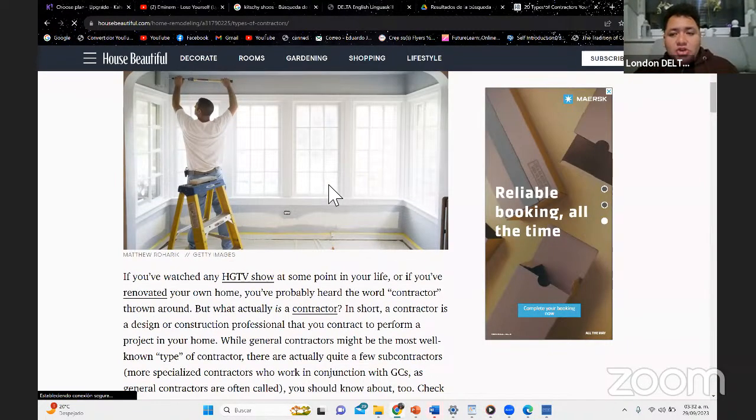So the contractor is not working on their house, right? El contratista no trabaja en su propia casa, right? So the remodelation is made by your will. Digamos que es por tu deseo, es por tu voluntad que se realiza el trabajo de remodelación en casa. Entonces tú causas que eso suceda, pero tú no lo haces directamente. Por eso se llama causativo, right?